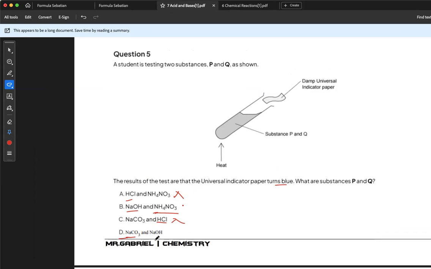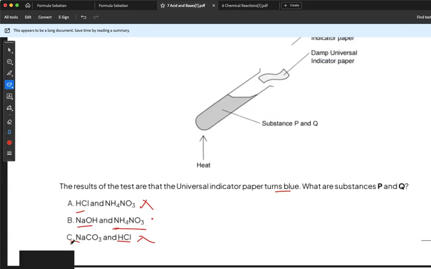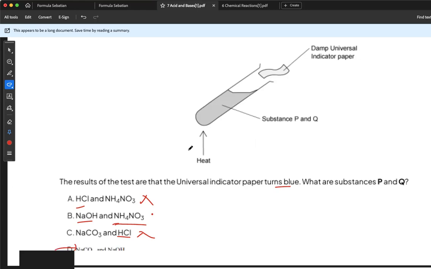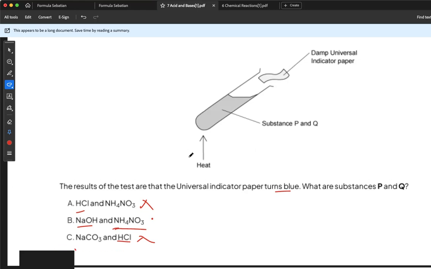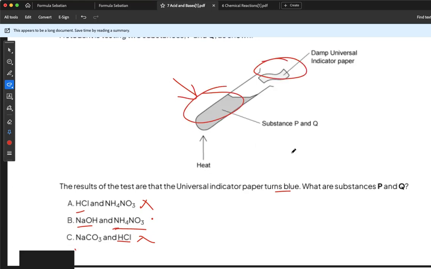Hey guys, this is a very good question. Look here, I was wondering why this was not an answer. It's once again the understanding of carbonates, right? In this scenario it is reacting with acids. Whatever substance you put in with the acid, it will turn the litmus paper, universal indicator, blue, which indicates an alkali solution, alkali in nature.